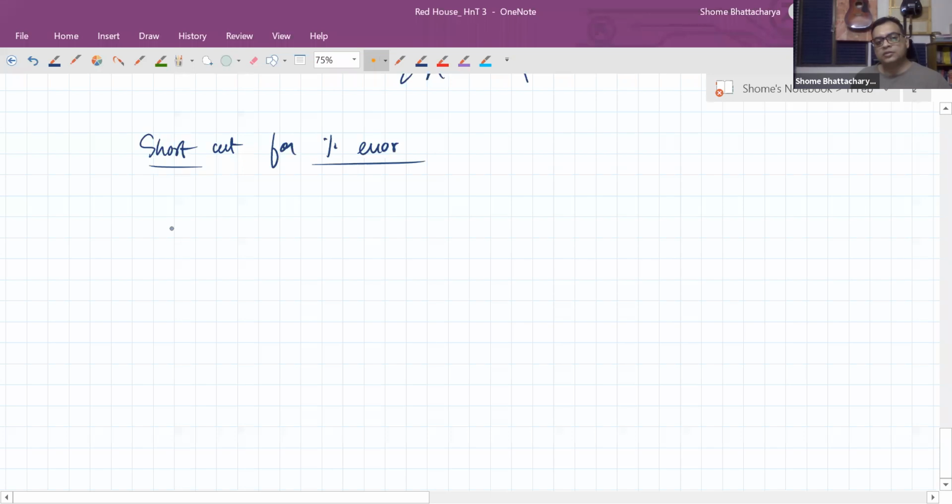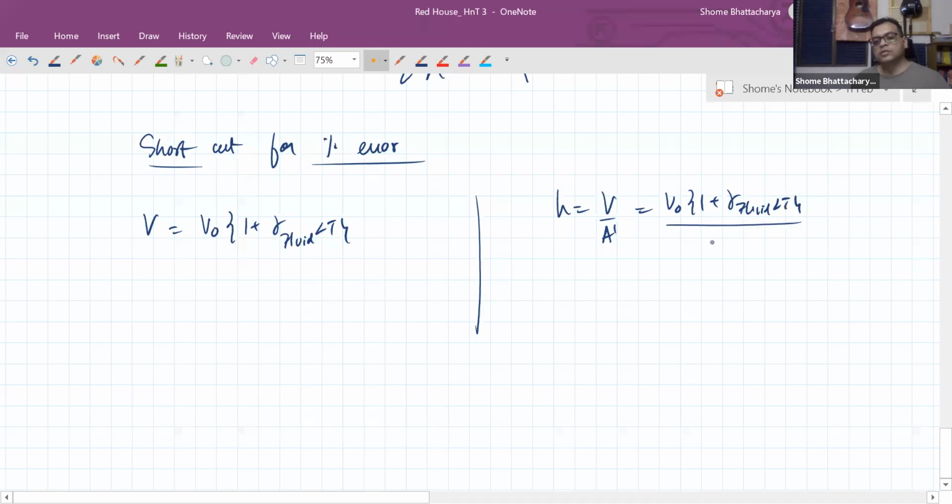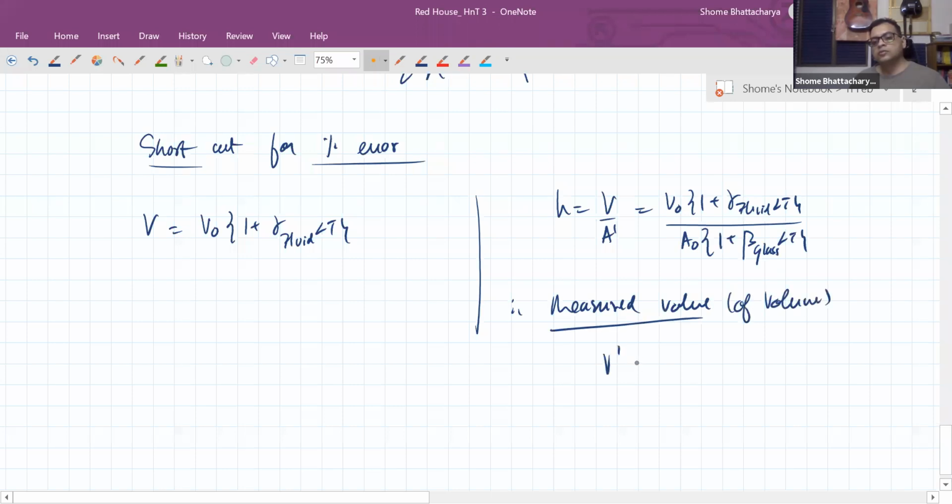So you can see that the true value was V naught 1 plus gamma of fluid into delta T. Whereas you can also see that H was equal to V upon A prime, upon A naught 1 plus beta of glass into delta T. Therefore, the measured value of volume was this correct value of height multiplied with A naught.